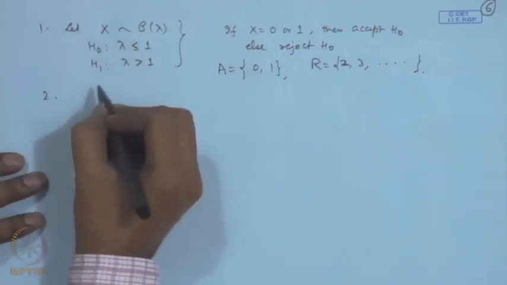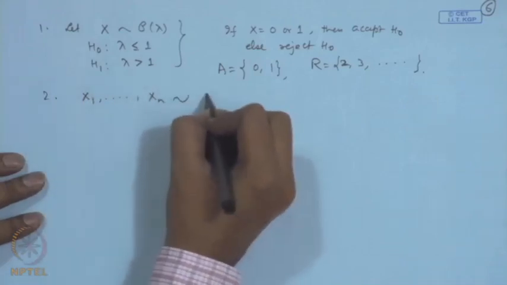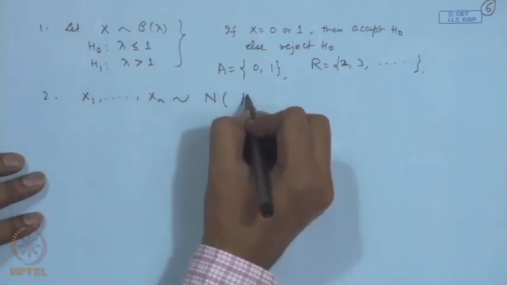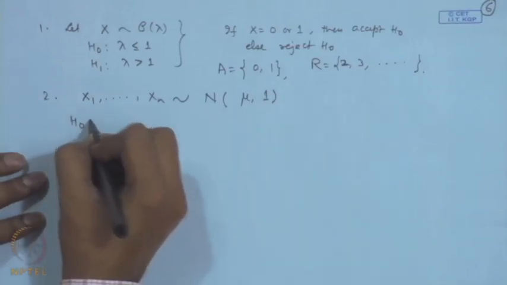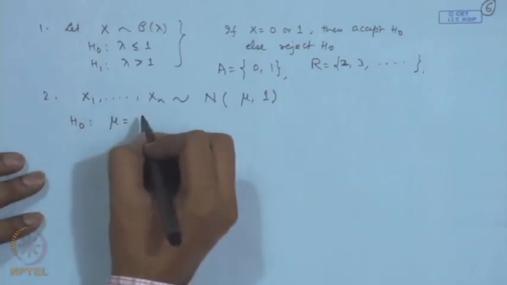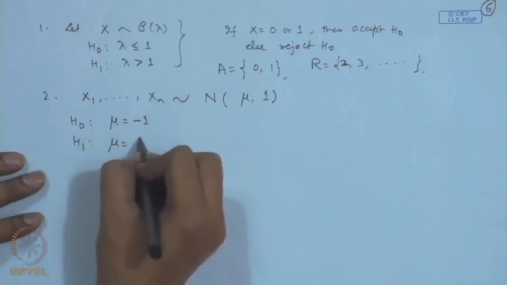Let us also consider another example. Say I have a random sample x 1, x 2, up to x n from a normal distribution with mean mu and variance 1, and we want to test the hypothesis, say, mu equal to minus 1 against mu equal to plus 1.